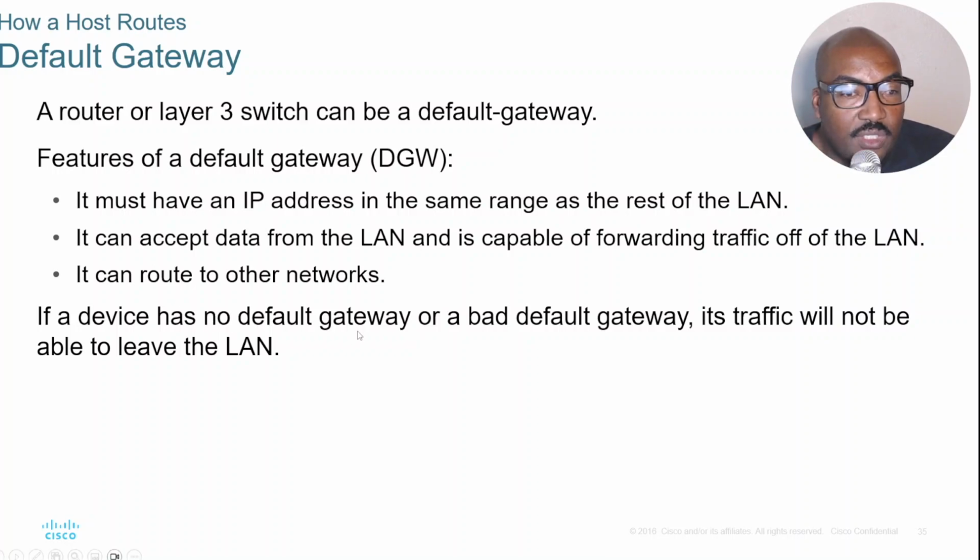If a device has no default gateway or a bad default gateway, its traffic will not be able to leave the local area network. So it's got to have the right gateway.